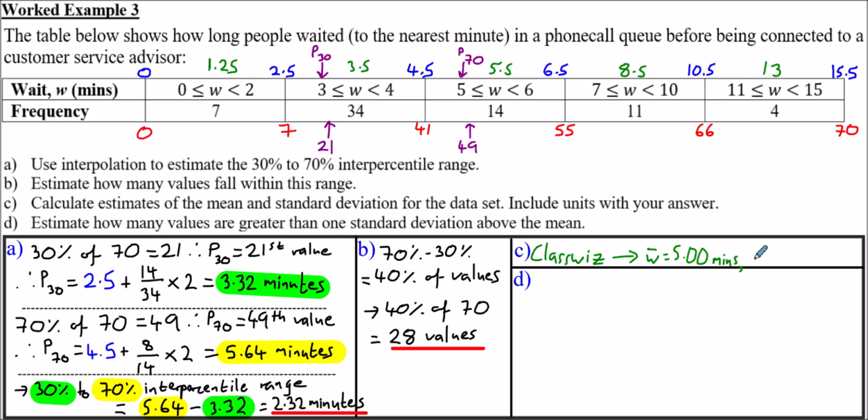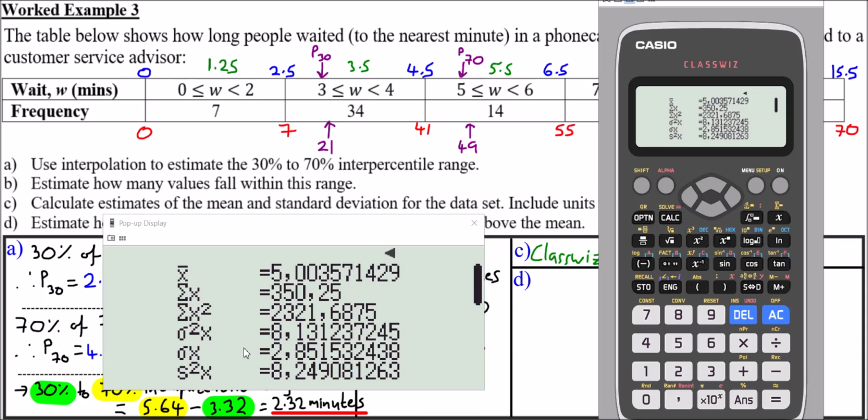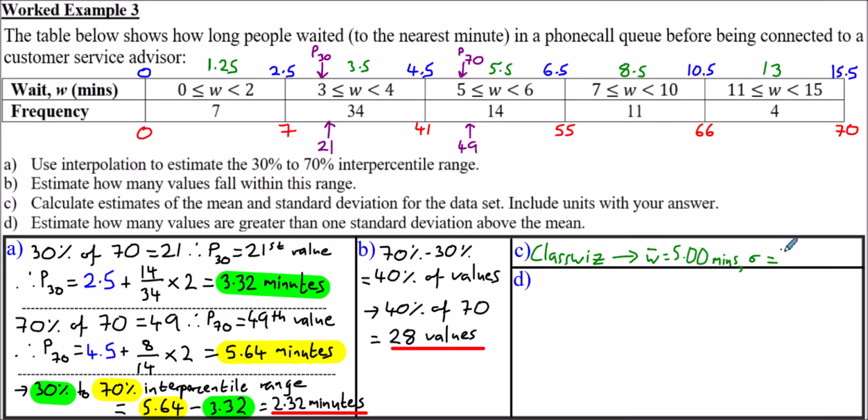And the standard deviation, again to three significant figures, we've got here is 2.85 minutes. We're going to need what we've got from part C to work out what to do in part D.